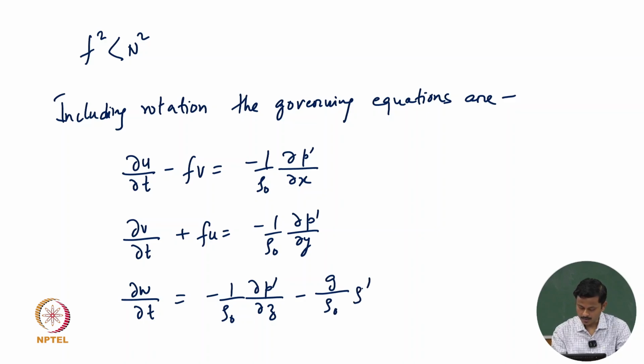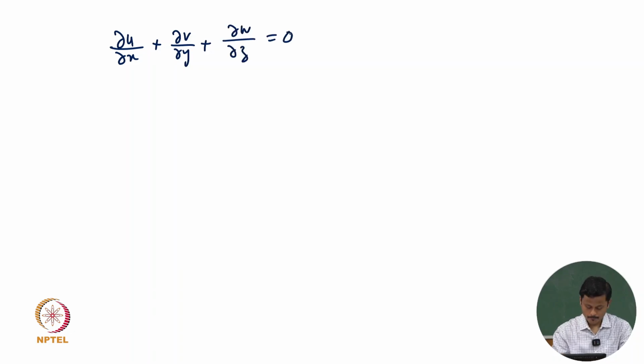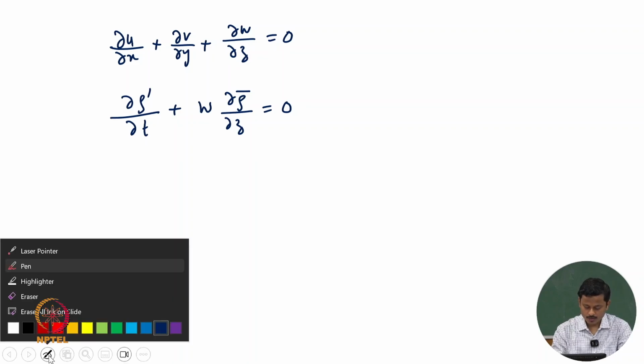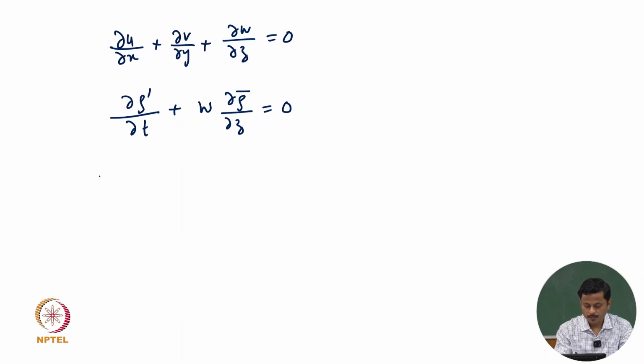Rho naught is some reference density. We have the three momentum equations in x, y, and z, and we have the continuity equation. These are a set of homogeneous PDEs.